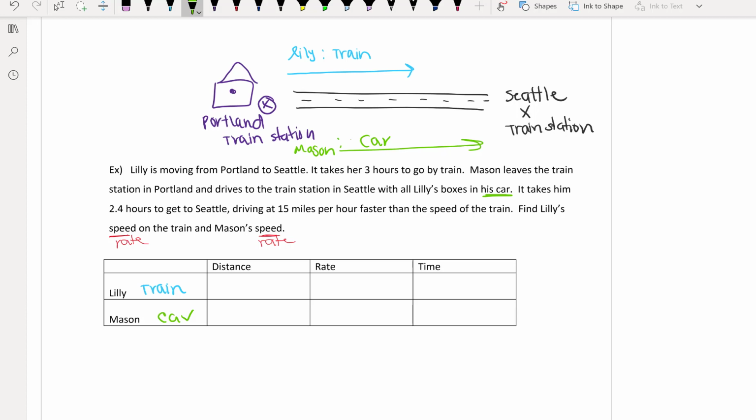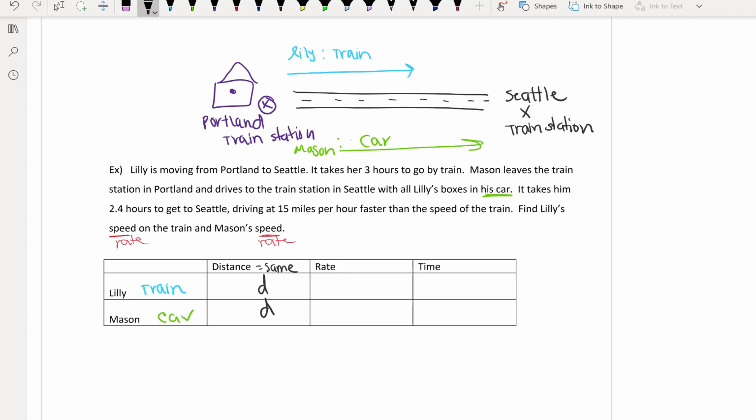If I go from Portland to Seattle, and you start in the same place and you end in the same place, it's definitely going to be the exact same distance, okay? So I'm just going to call distance D. They're both going to be D, and they're both equal to each other, okay? So distances are the same, okay?